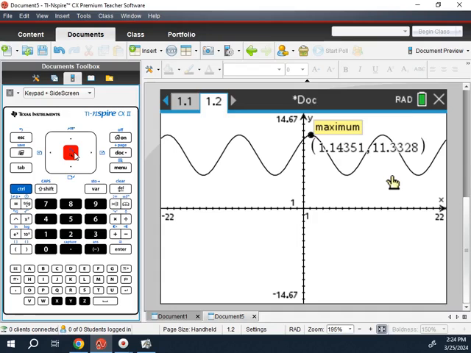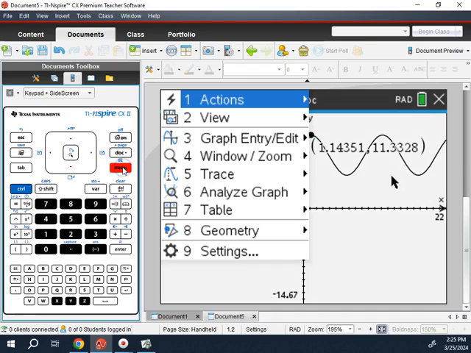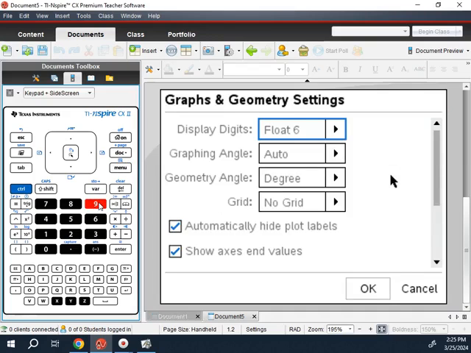Okay, so I think you had an issue on Saturday we fixed, right? So one thing we didn't fix. Does anybody else not have a bunch of decimal places? Okay, you? Okay. So we changed, I don't know why you have to change it in two places, but you do. So if you don't have a bunch of decimal places, hit menu and 9 for settings. Do float 6.